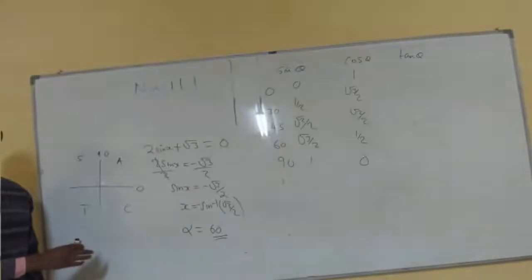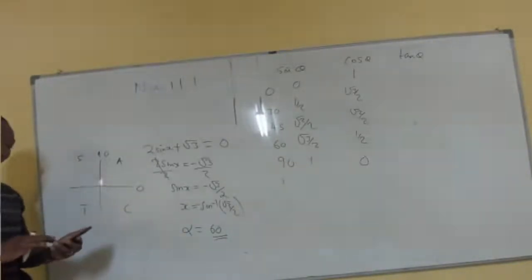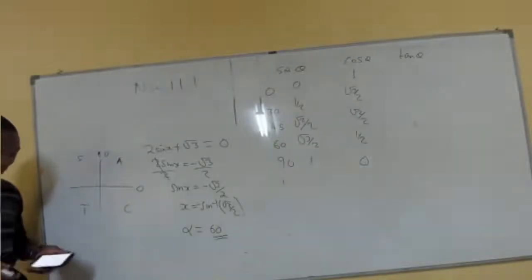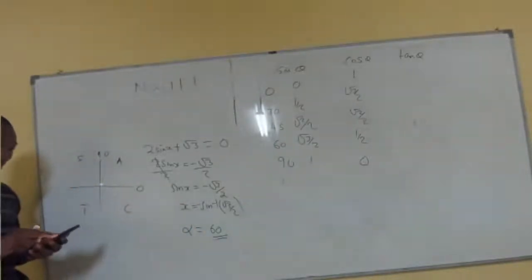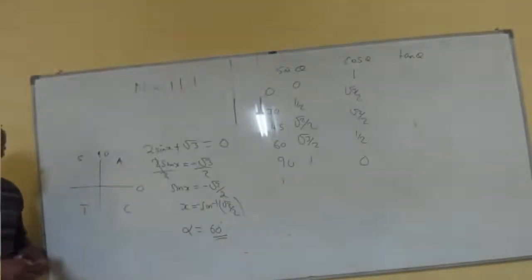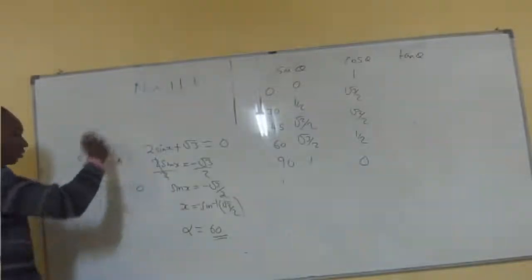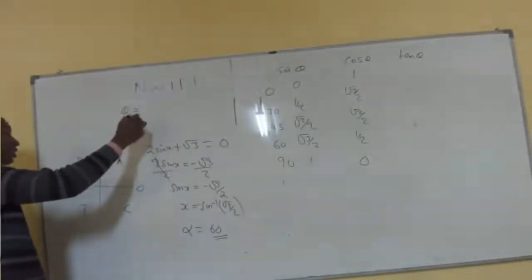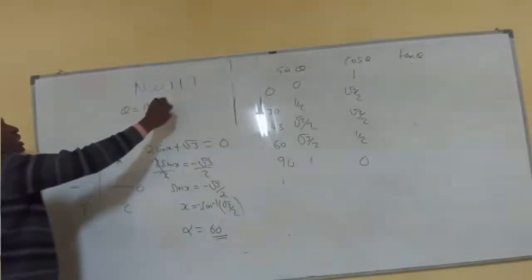In the 3rd quadrant, what is the formula for theta? We said theta can be found as 180 plus alpha.